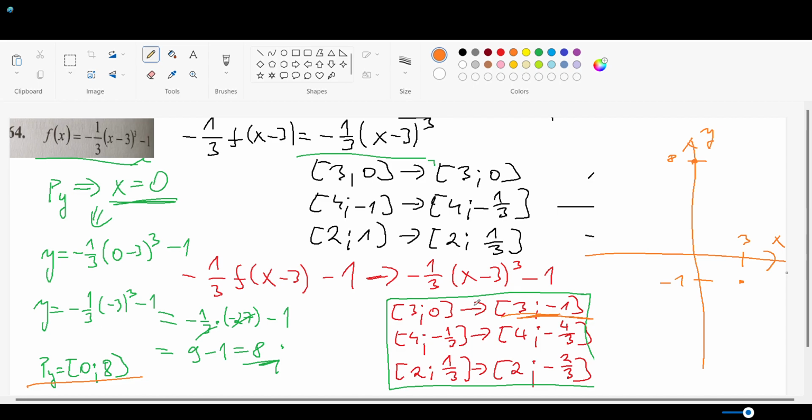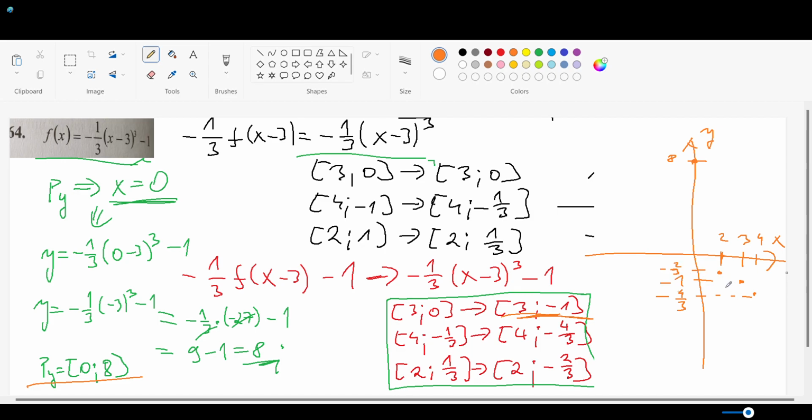and as I was also transforming the points 1, 1 and -1, -1, I know that with x being 4 my value is negative 4/3, and for x being 2 my y value is -2/3.